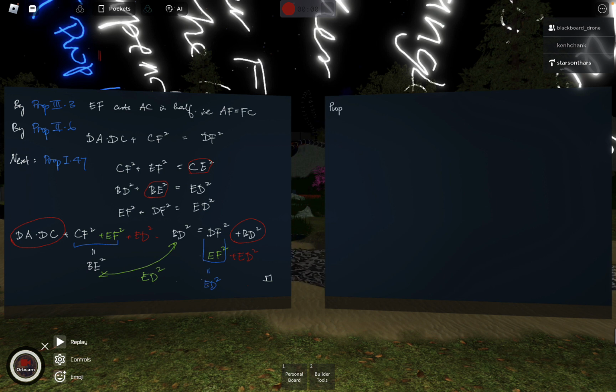Proposition 3.37. Okay, so if a point outside a circle is taken, it's just the converse of proposition 36.